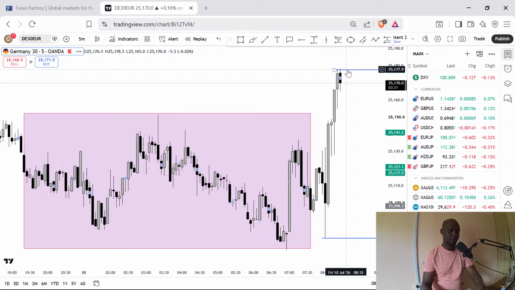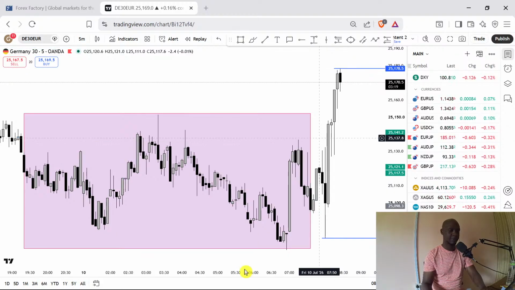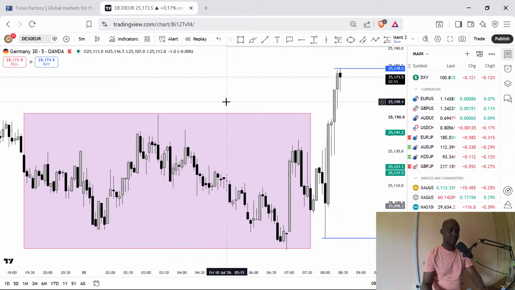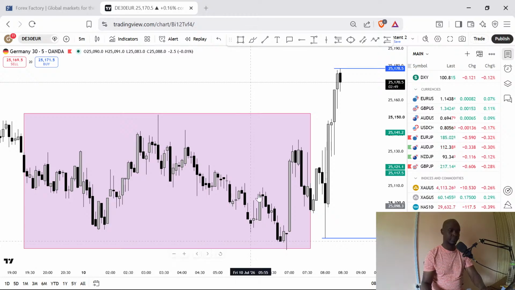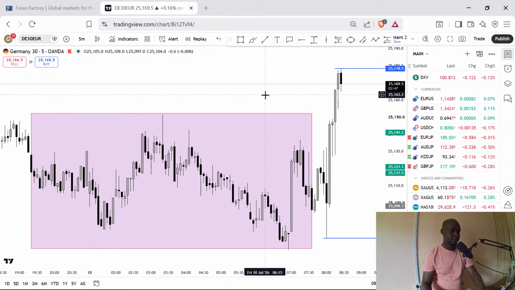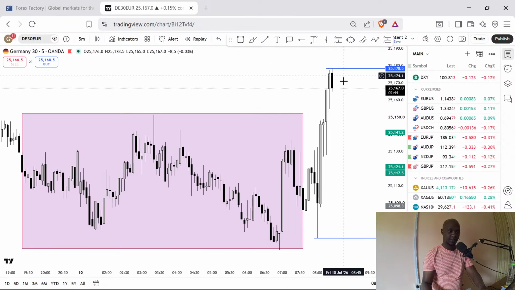It's all about getting the pullback right now. So we still got continuation of momentum.